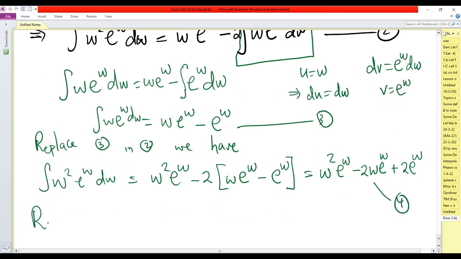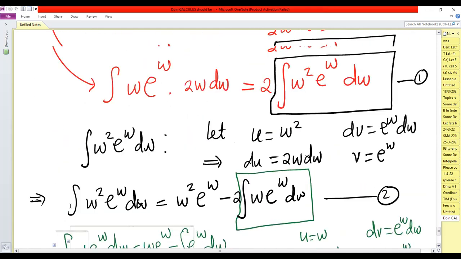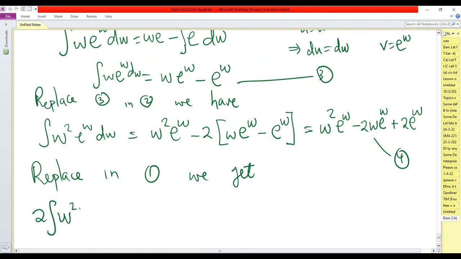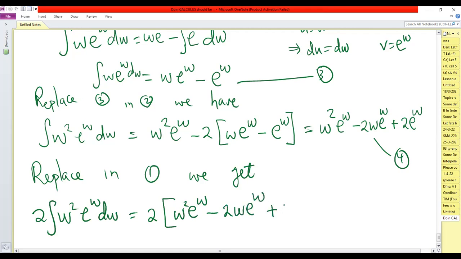Now replacing 4 in 1, we get, so 1 is 2 times the integral of w squared e raised power w, which will be twice w squared e raised power w minus 2w e raised power w plus 2 e raised power w.